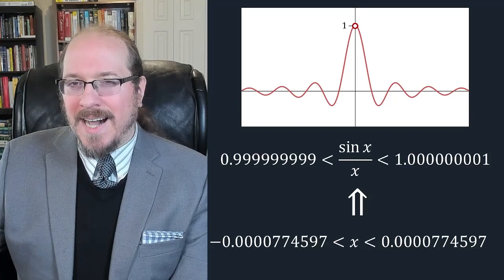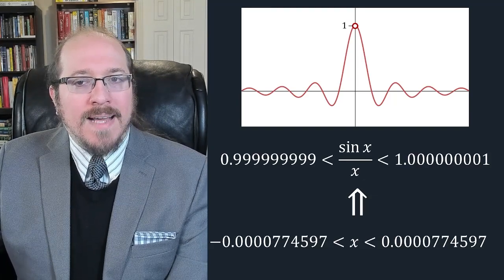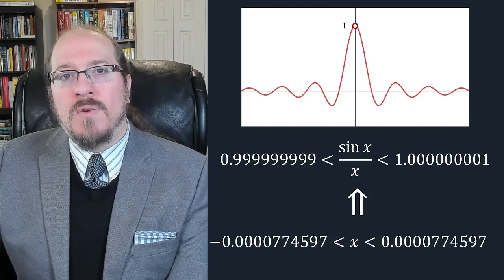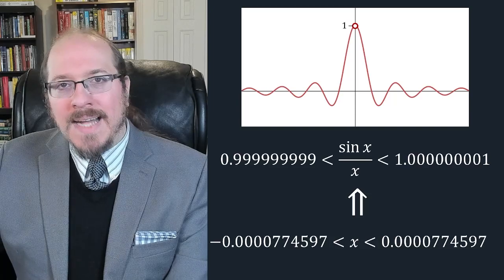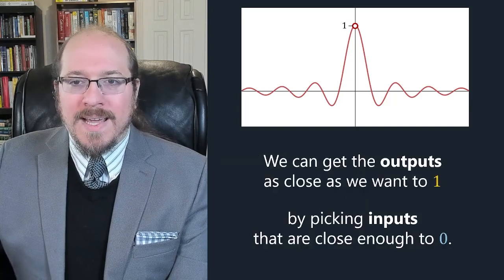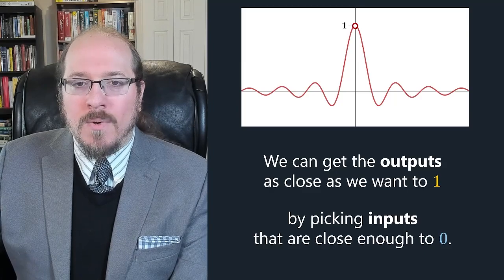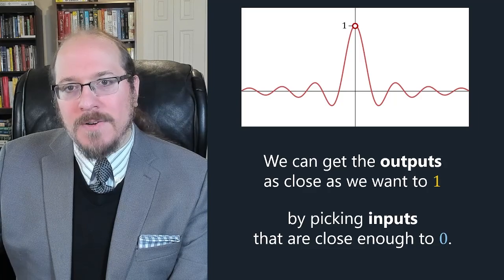If you gave me a tighter interval around 1, I could find an even tighter interval for x around 0 that makes sure that y stays within that distance of 1. So that's what we mean when we say that the limit of the function is 1. We can get the outputs as close as we want to 1 by picking inputs close enough to 0.